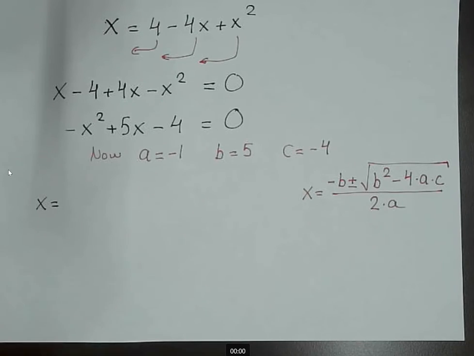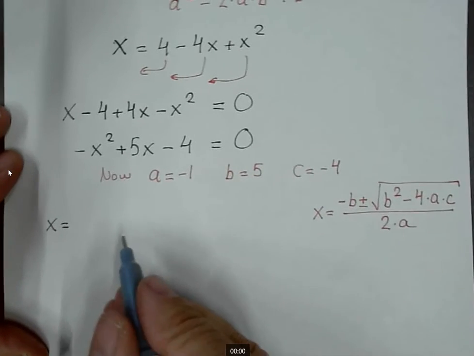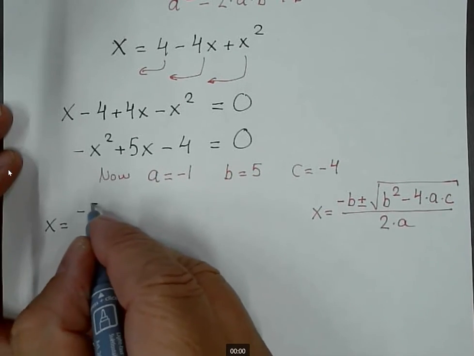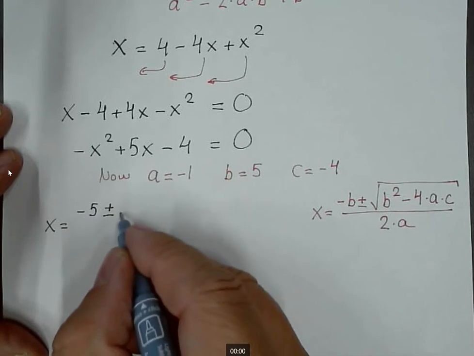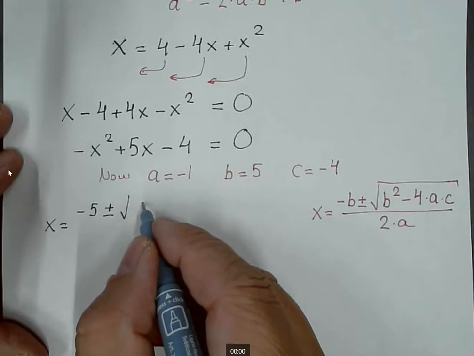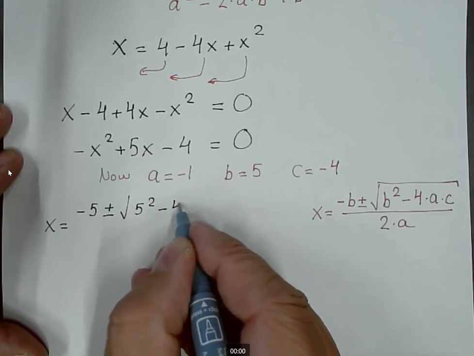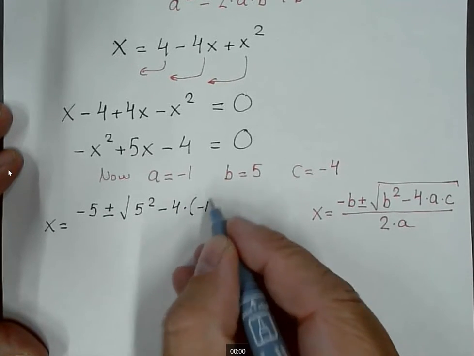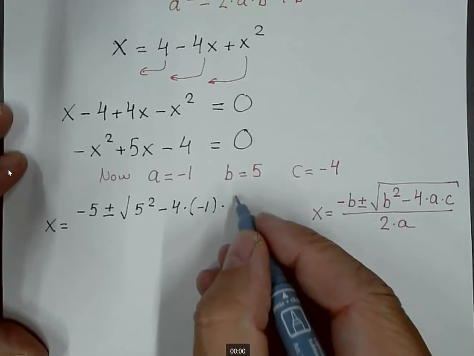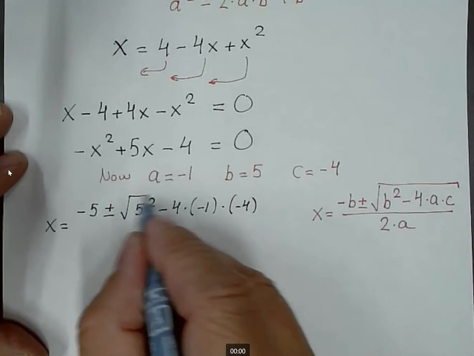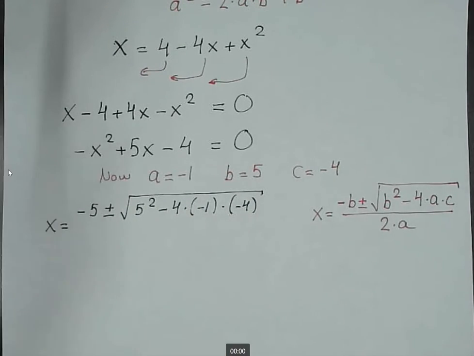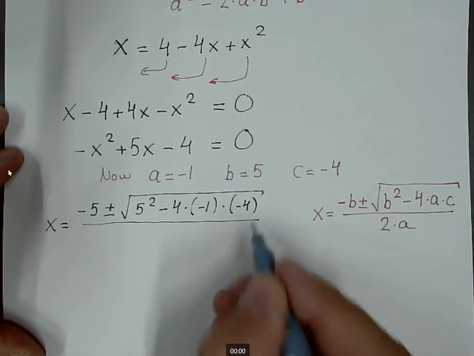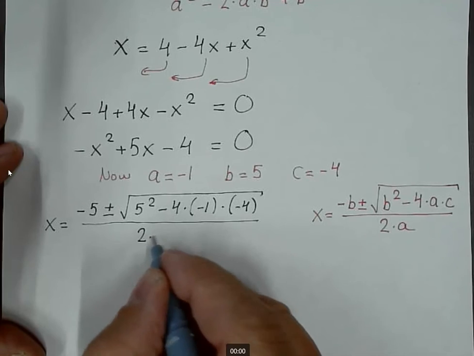So now we have minus 5 plus minus square root of 5 squared minus 4 times minus 1 times minus 4. Just add the numbers in place of these figures there, and then here in the bottom part 2 times minus 1.